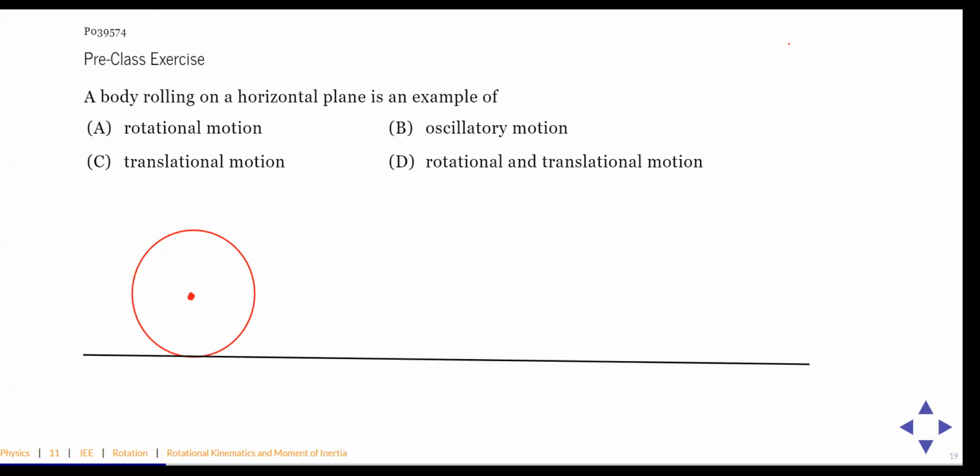Now forget about everything. Just look at this point. This point, point A. What would be the motion of point A? You sit on point A. Brother, what will your motion be like?